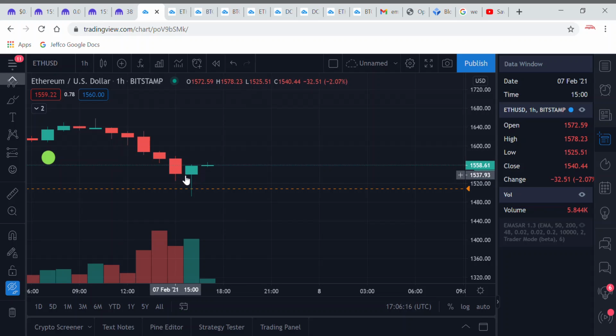When it decides to close, this was red because when the candle decided it was done and going to move on to the next one, this line was at the bottom. So price was down here, the hour ended, and then it moved on to the next one starting here.